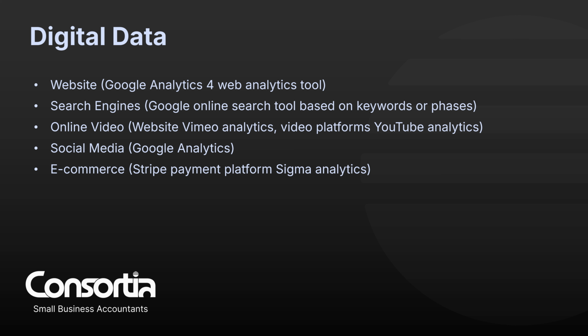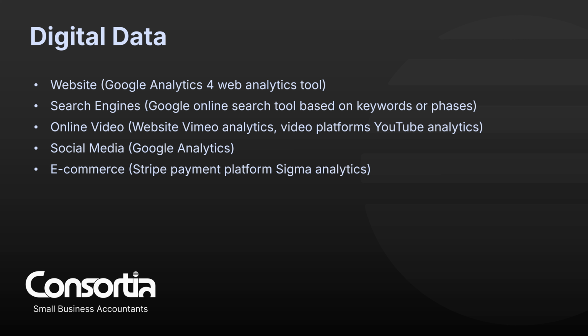Digital data. So again, the data comes from websites. Now again, this is the data. So on your website, we would be using what's called Google Analytics 4, a web analytics tool. So you're looking at all these statistics, all this data, information that helps you become more precise and better at your digital marketing.